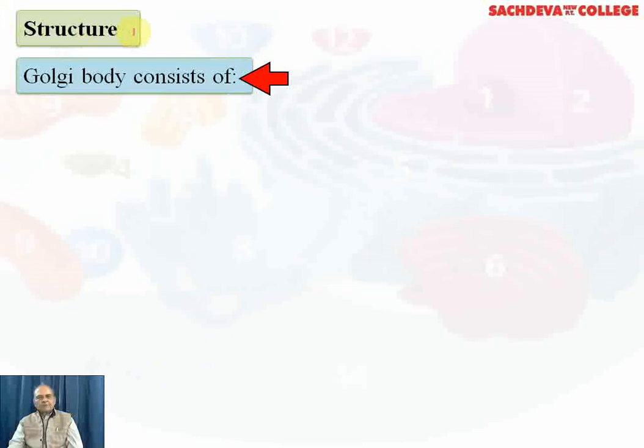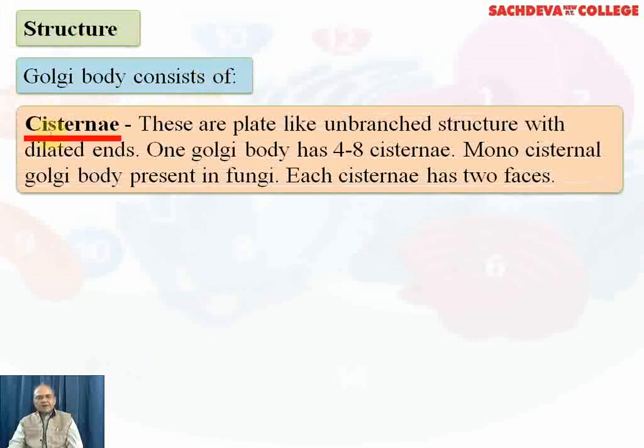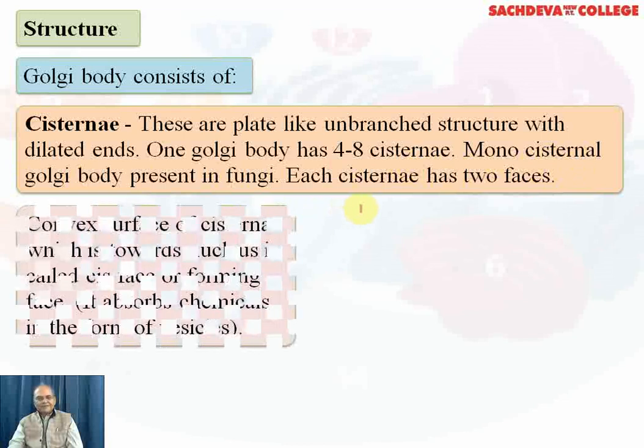Structure. Golgi body consists of cisternae. These are plate-like unbranched structures with dilated ends, and one Golgi body has 4 to 8 cisternae. Monocisternal Golgi body is present in fungi, and each cisterna has 2 faces.